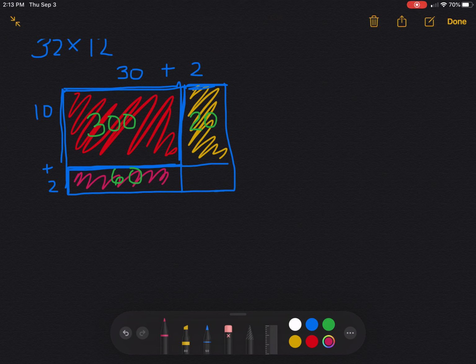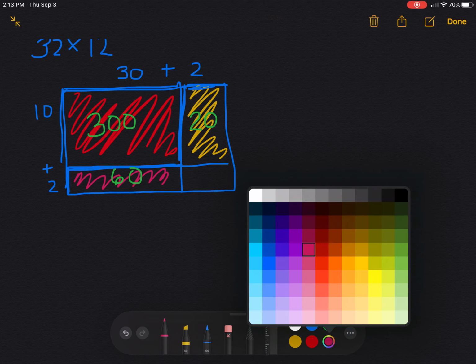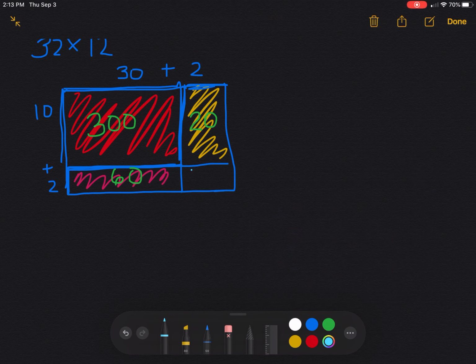The last section, the small section, is this part right here. This section has a length of 2 and a width of 2. So we're looking at a section that's got a length of 2 units by a width of 2 units. And 2 times 2 would give me 4.